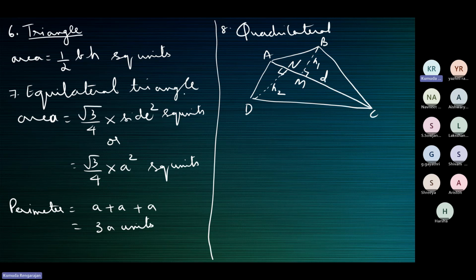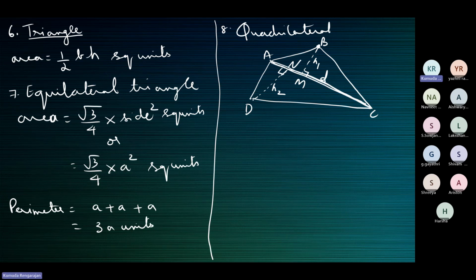Now, in triangle ABC, the vertex opposite to AC is B. So from B, we have an altitude on AC. Similarly, in the other triangle ADC, D is the vertex opposite to AC. From there, we have a perpendicular.